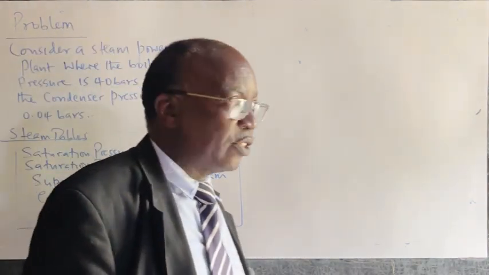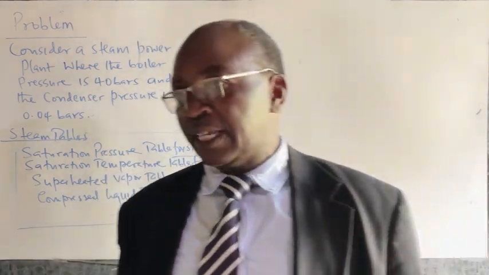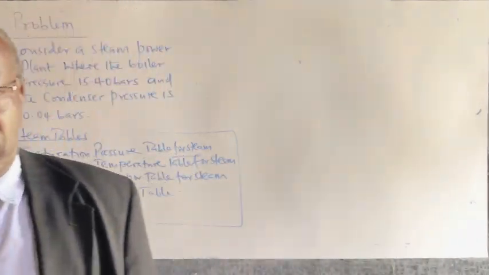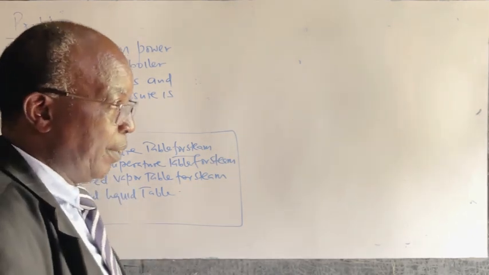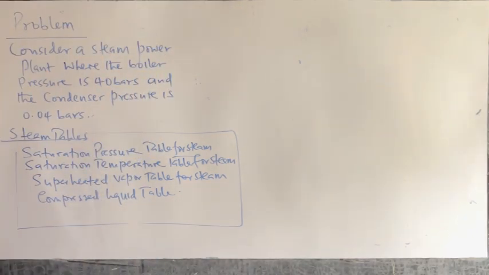So that's the gist of the steam tables. It will give those saturation pressure values, saturation temperature values, the superheated vapor values and compressed liquid values.